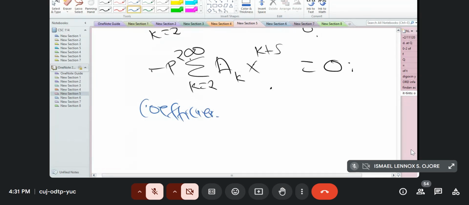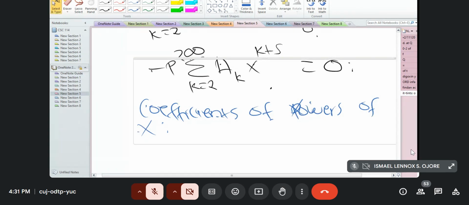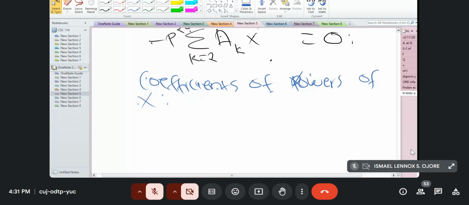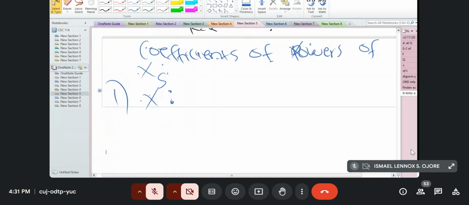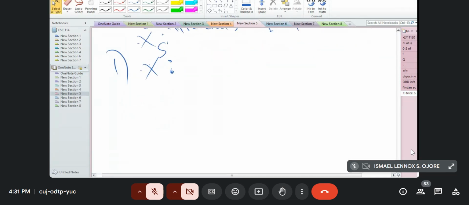Because for a power series to be equal to 0, it holds true when all the coefficients of the different powers of x are set equal to 0 separately. So let's start with the coefficients of x to power s set equal to 0. For coefficients of x power s, what do we have?